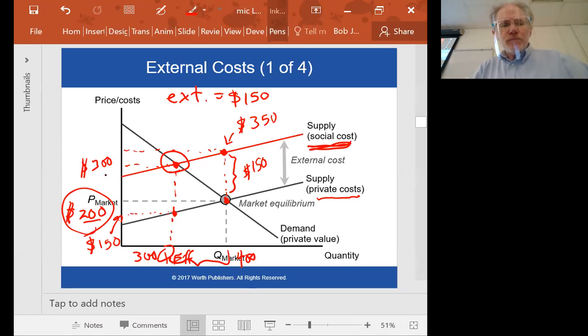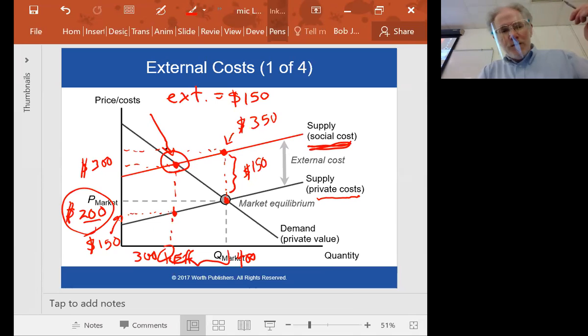So we would say that 300 is the efficient quantity because that last tire being produced, what's it worth to a consumer? The last tire, reading off of the demand curve, that last tire is worth $300 to the consumer.